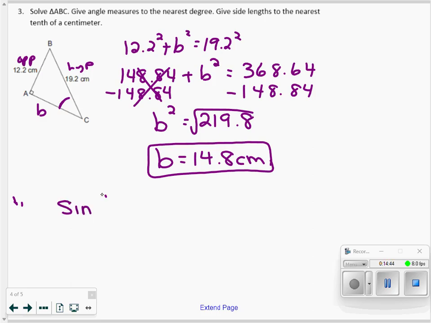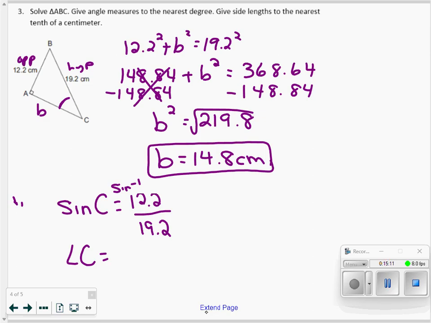Sine C equals 12.2 over 19.2. So sine minus 1. Angle C will equal, so 90.